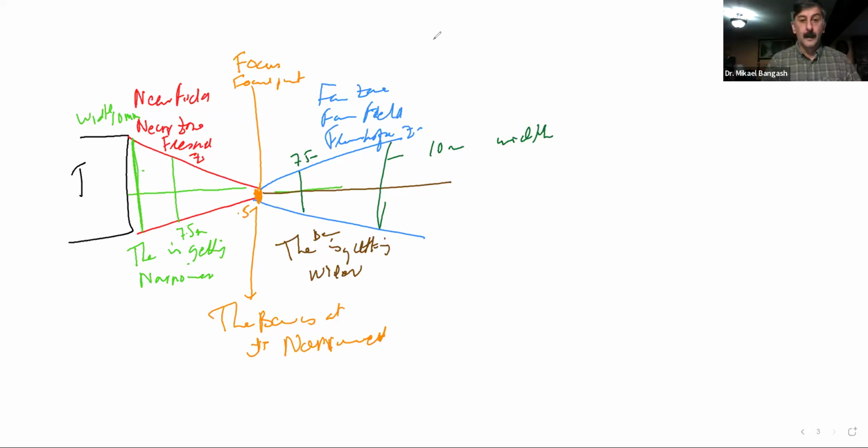Now, for the lateral resolution, this lateral resolution here is going to have a numerical value.